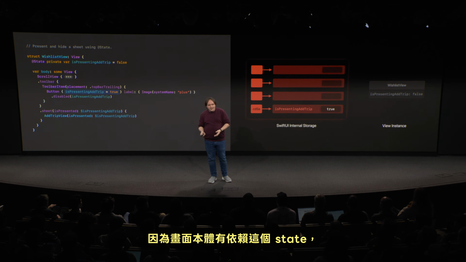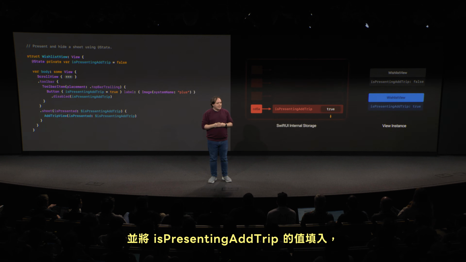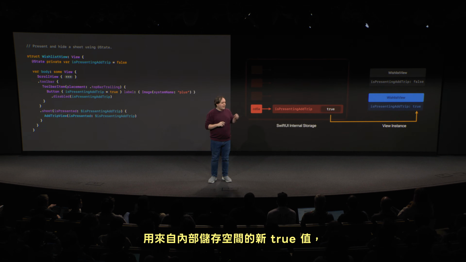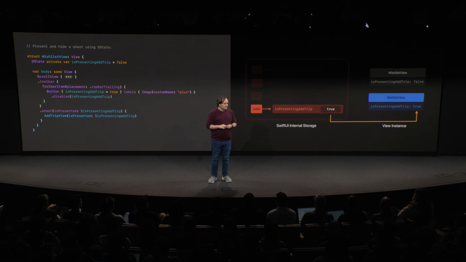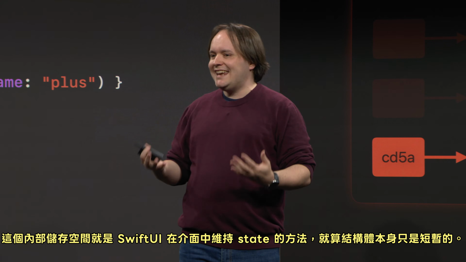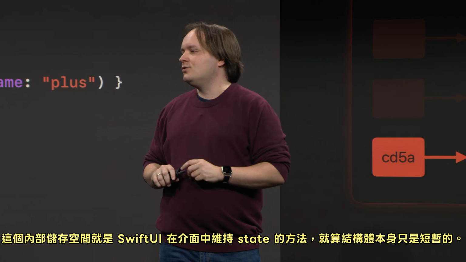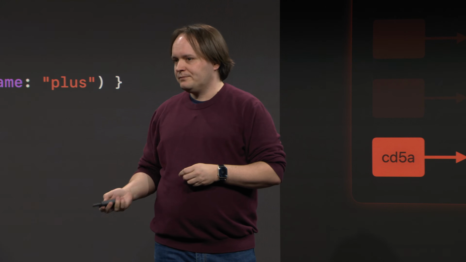And because the body of the view depends on the state, SwiftUI triggers an update, creating a new view struct, populating the value of isPresentingAddTrip with the new true value from internal storage before running body. So this internal storage is how SwiftUI maintains state for the lifetime of the view in the interface, even though the structs themselves are transient.